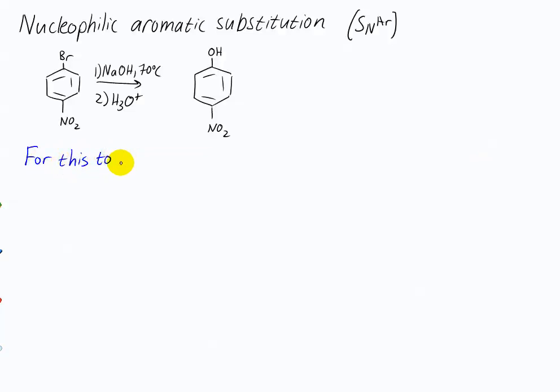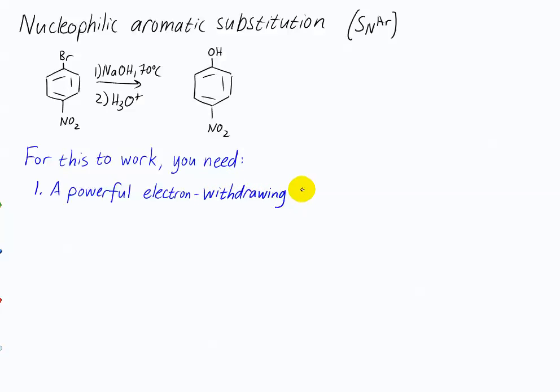So for this to work, and we'll talk about why also. Okay, number one, main one that is easy to forget: you need a powerful electron withdrawing group, like a nitro, typically.